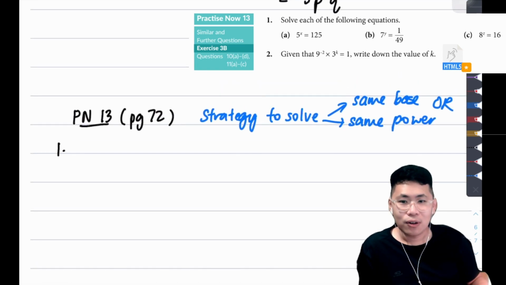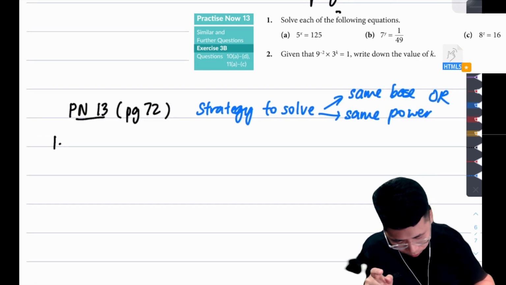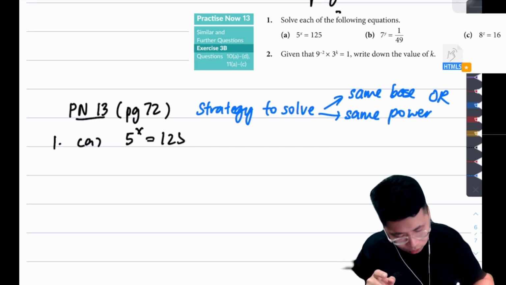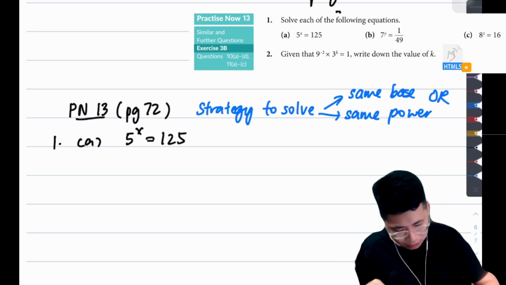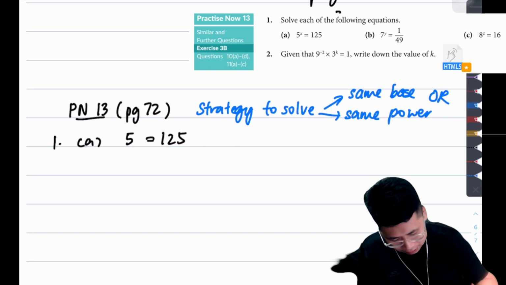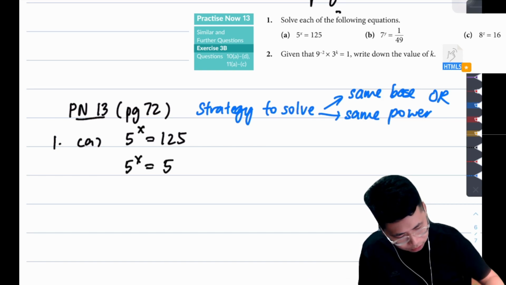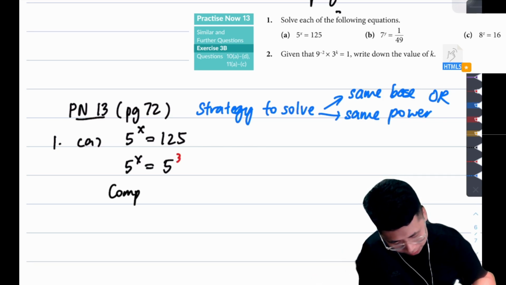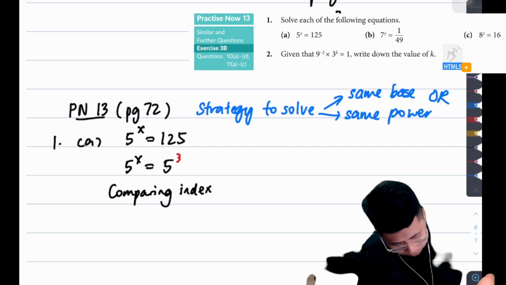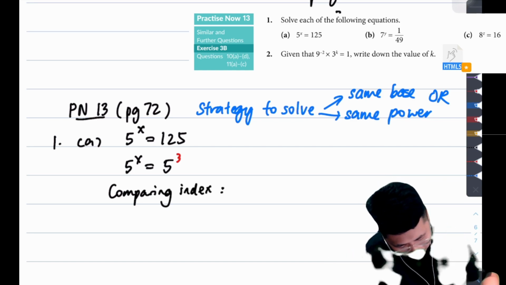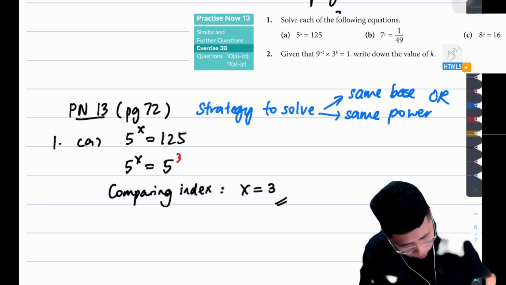Here in 1a, we have 5 to the power of x is equal to 125. Without further ado, we can recognize that 125 is actually 5 to the power of 3. And we can compare index. Comparing the index of 5, x is equal to 3.